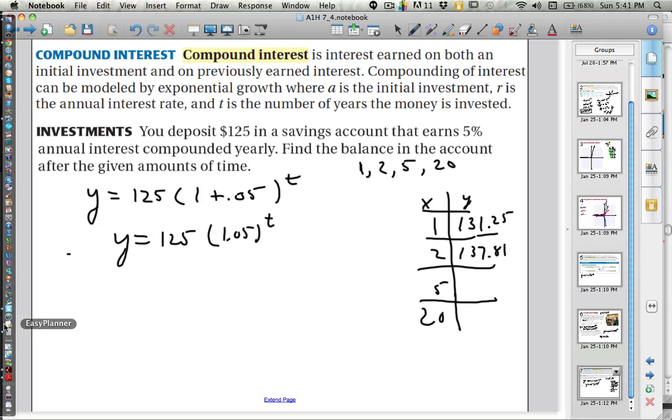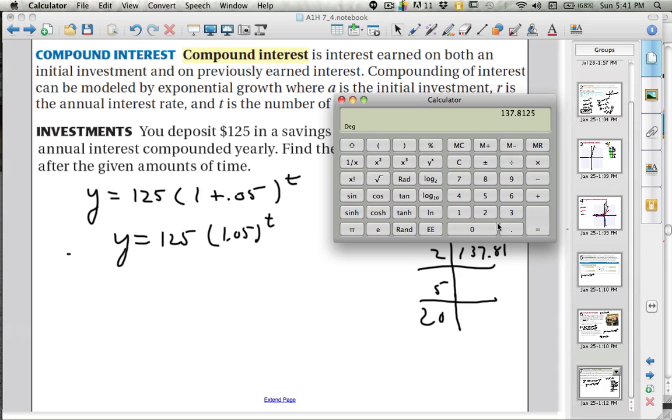When t is 5, I'll have 1.05 to the 5th power. Looks like I made a mistake there. I'm going to redo that. 1.05 to the 5th power times 125. 159.54.